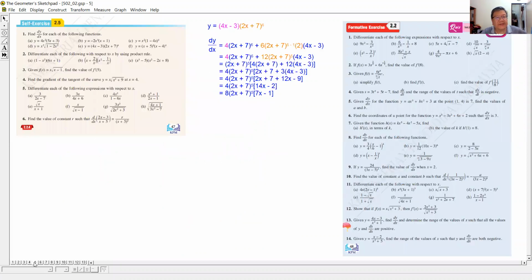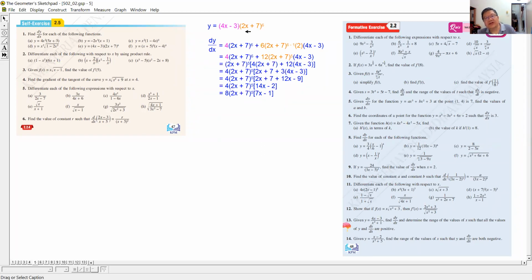Okay, next. Yes, this is the question that you asked me just now. I have colored the two different functions in two different colors. This is the product of two functions. The first function is 4x minus 3, which I colored pink.